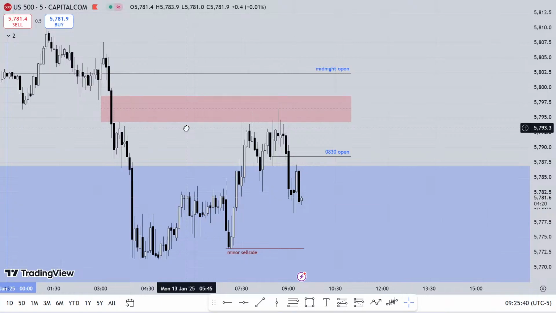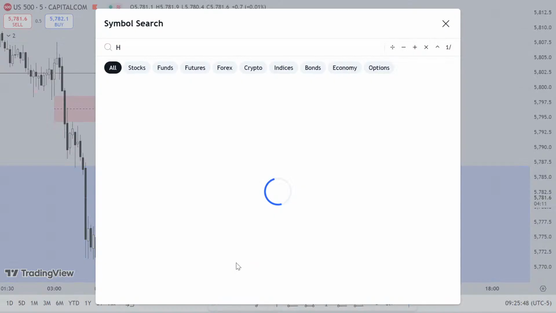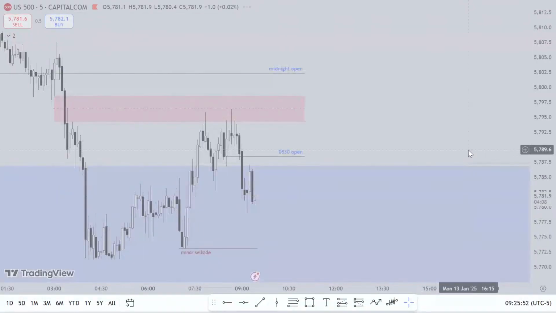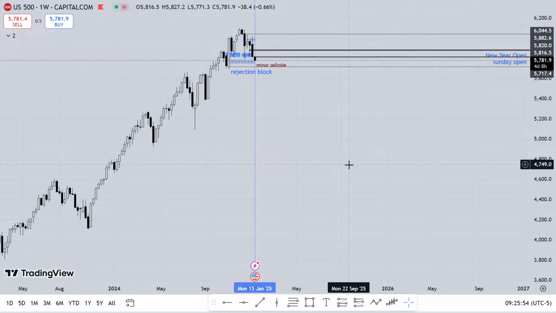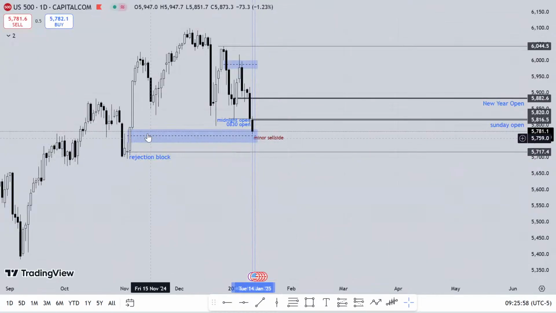Remember, we're also still trading inside of a BC, trading inside of this daily BC here.